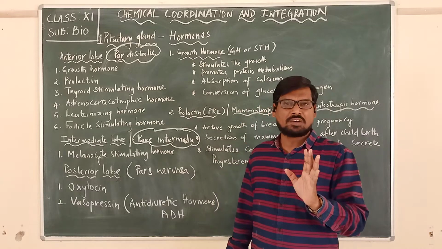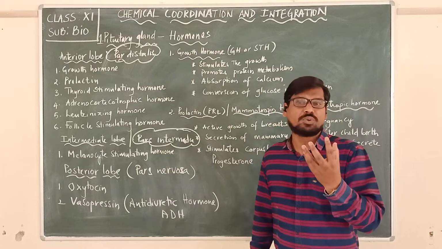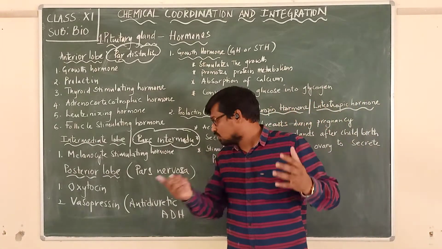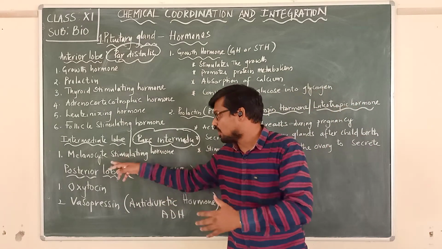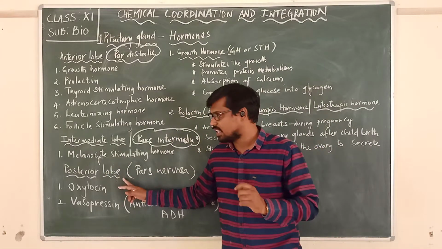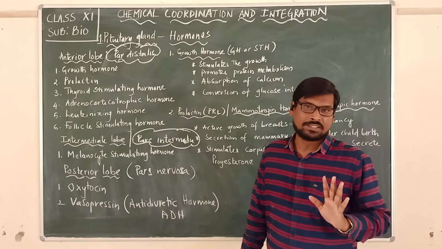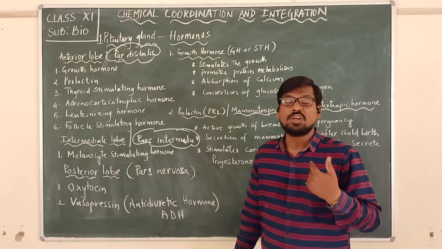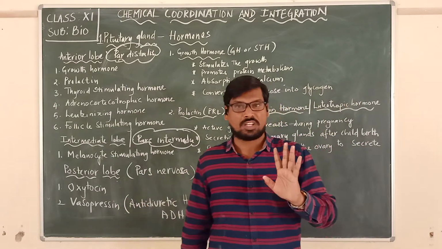In the hypothalamus there are neurosecretory cells, which produce oxytocin and vasopressin. They are then brought into the posterior lobe and stored. So the posterior lobe is a storage area for these two hormones. These are neurohormones, produced in the hypothalamus and stored in the posterior lobe.